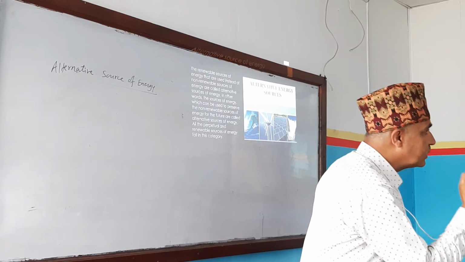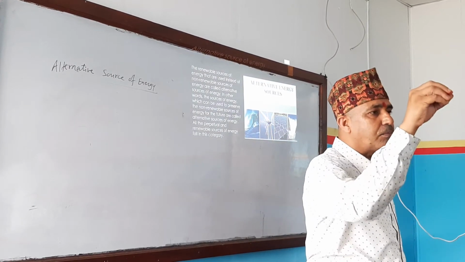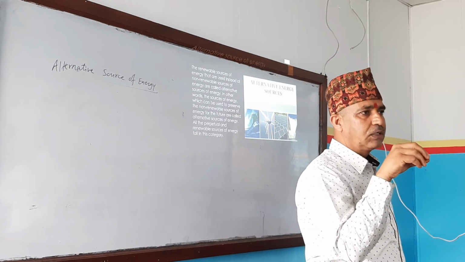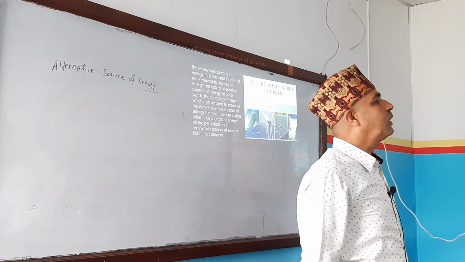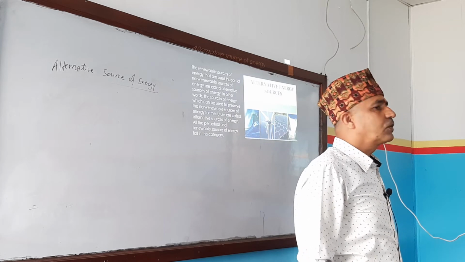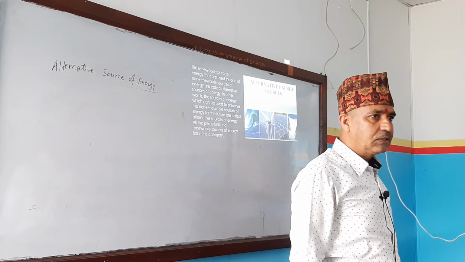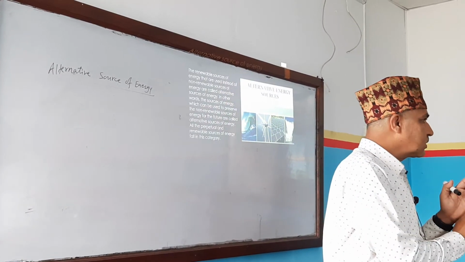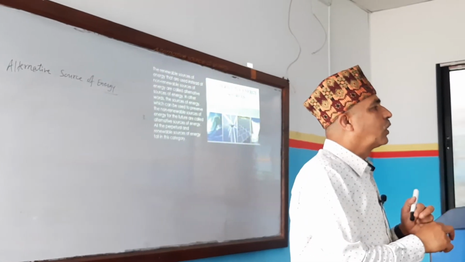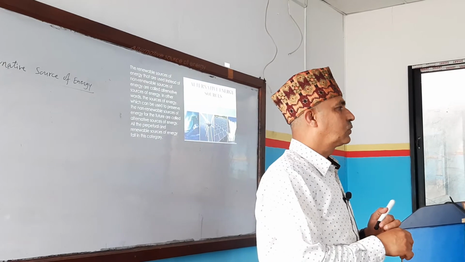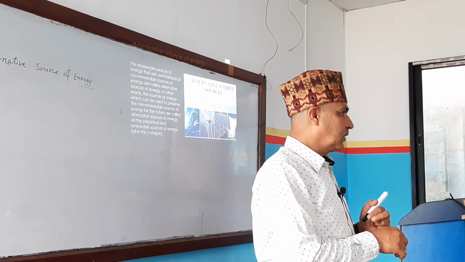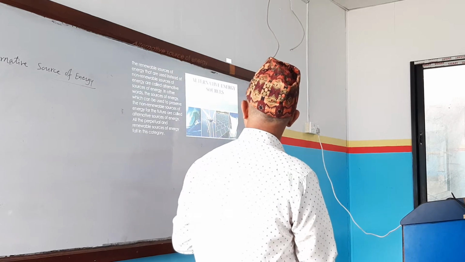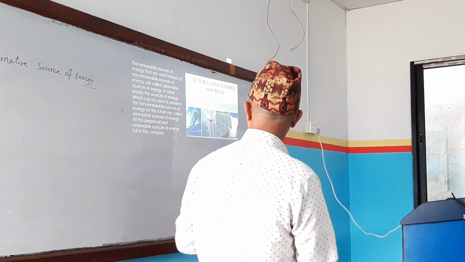So if we start using some forms of energy instead of non-renewable source, then that new energy is called alternative source of energy. The source of energy that can be used instead of non-renewable source of energy, okay? That is called alternative source of energy.